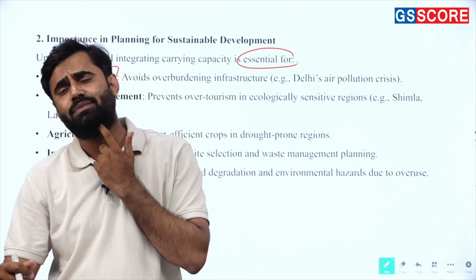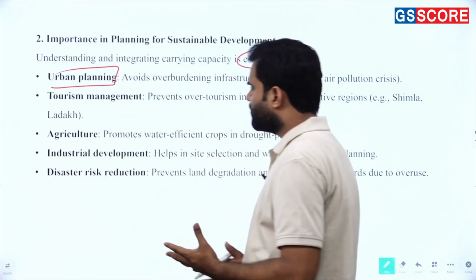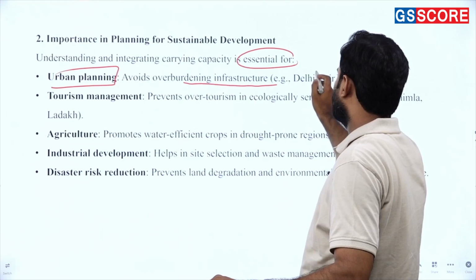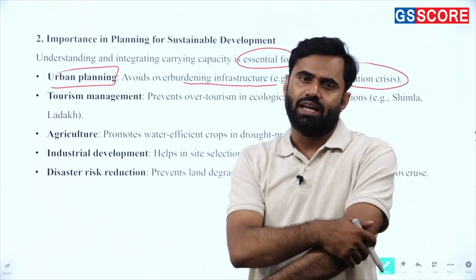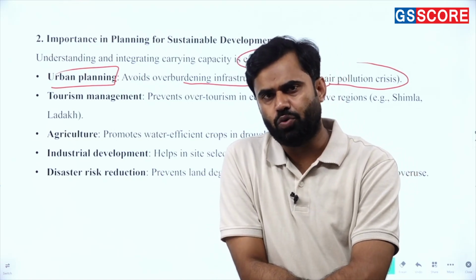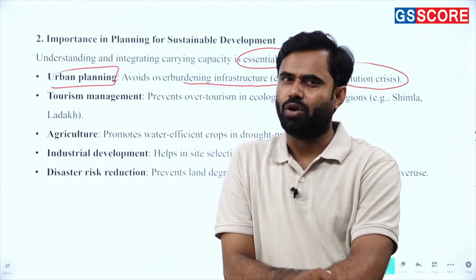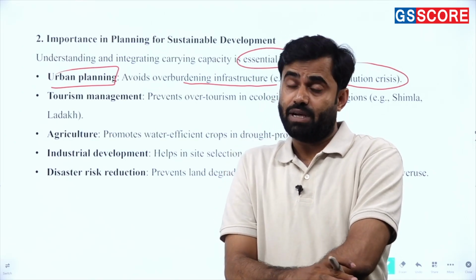These are all the symptoms of our cities. Getting my points? So that's why we need urban planning. Avoid overburdening infrastructure, like Delhi's air pollution crisis. Delhi, Mumbai, Kolkata, Chennai, Hyderabad, Ahmedabad, Bengaluru. These are all important cities. They have the same problems, but of a different nature.